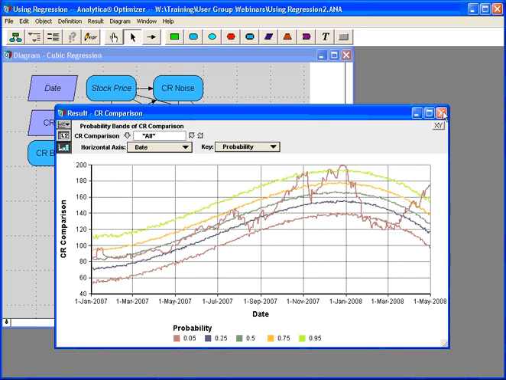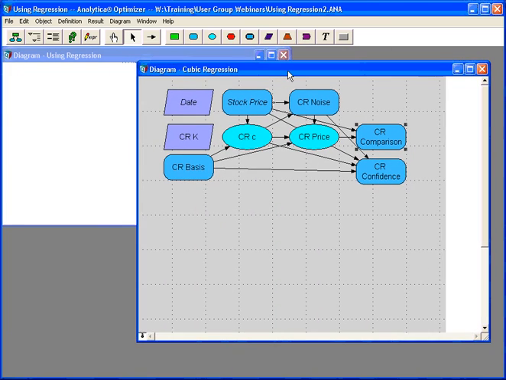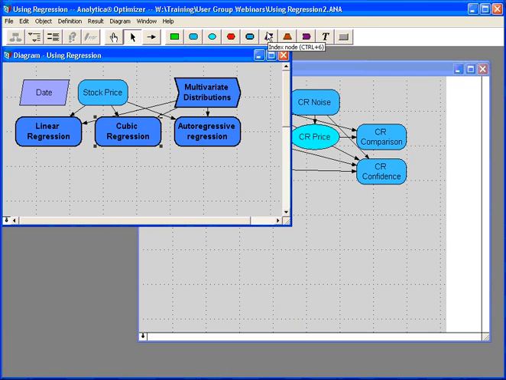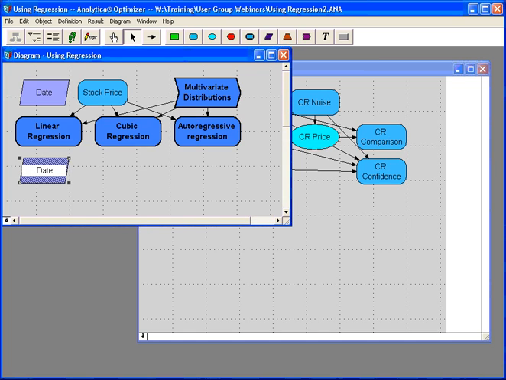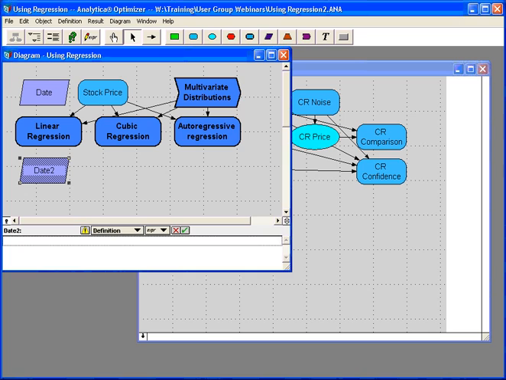So what we need to do here is introduce a new date index that extends into the future. Okay, so we'll call this one date 2. We'll concatenate the original date index, and then add to it.